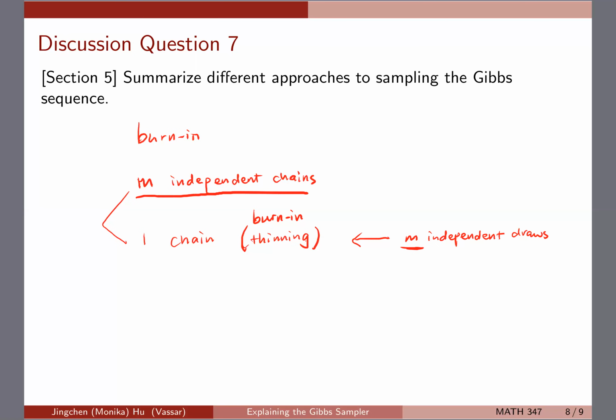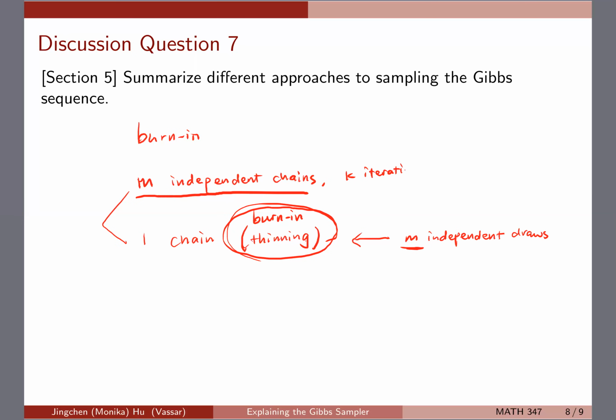The burn-in and thinning also relates to question 2, like Caroline was talking about last time, that the burn-in and thinning in some way probably only apply in the super long chain case, because you have to chop out maybe the first 50% and then thin every 50 iterations. For the M independent chains case, they usually talk about a length of K, so it's K iterations for each.